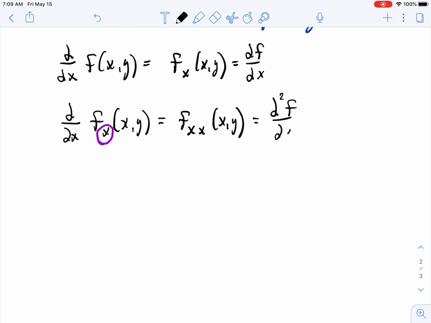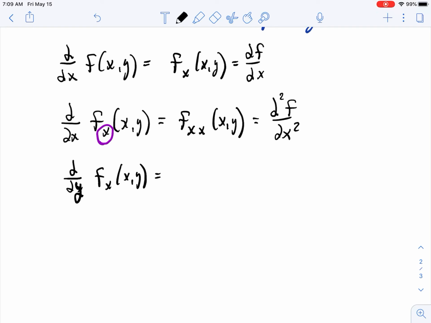Or the square of df dx, like so. So what happens if I did partial derivative of x and then did partial derivative of y? So let's say dy of dx of f(x,y). Now here's where I don't like using Leibniz's notation.